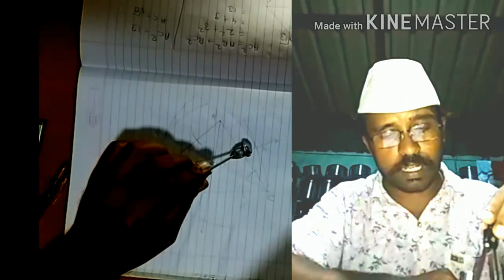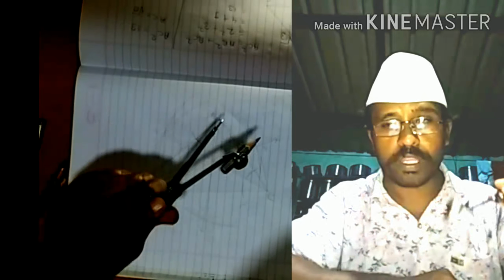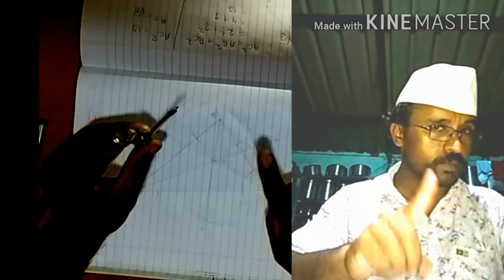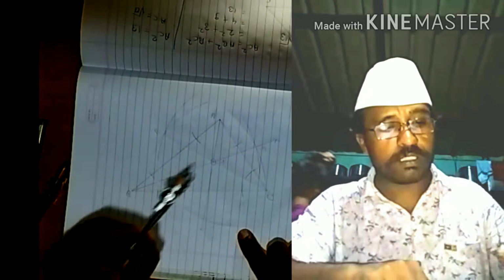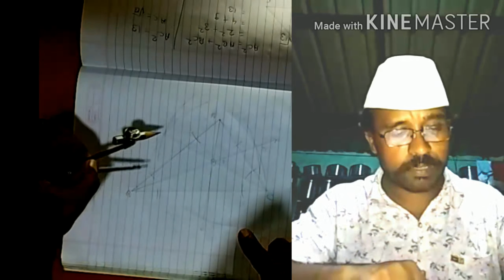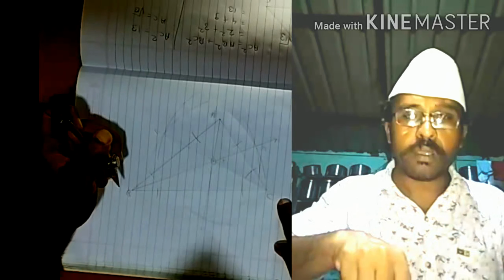No. Right? Is it equal to I to B? No. Means we cannot take the distance directly equal to I to A. Then what do we have to do? We have to draw one perpendicular from this point I on any side, like side BC, side AC or side AB. So let's draw a perpendicular from this point I on side BC.